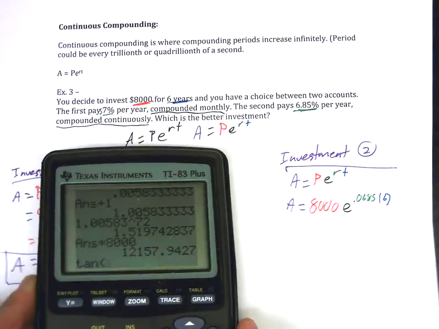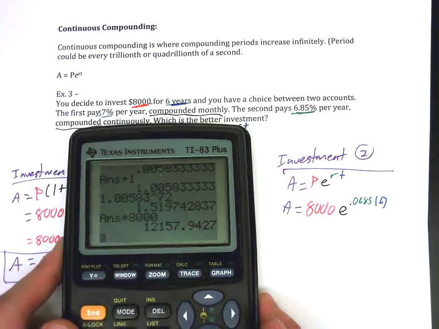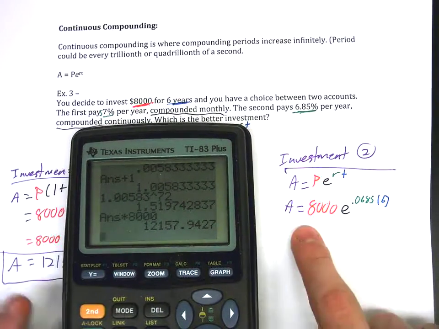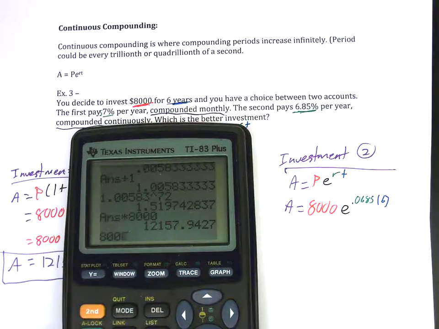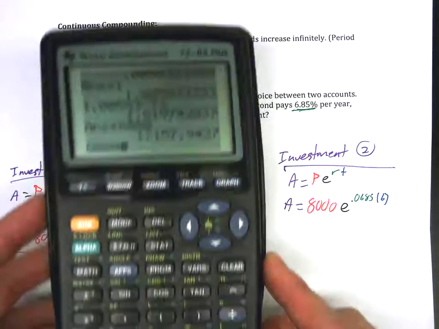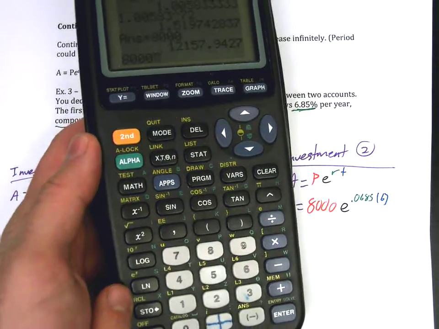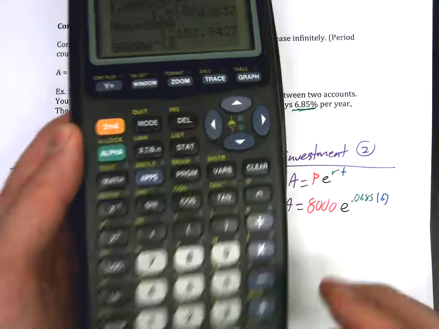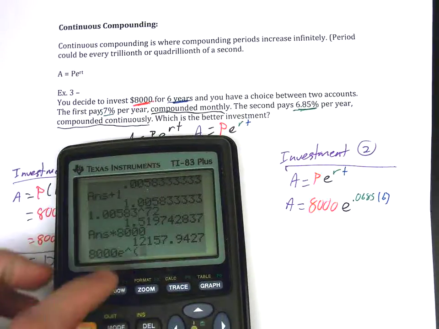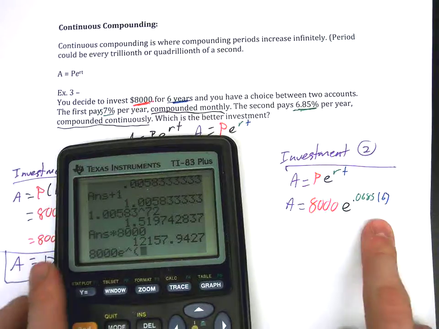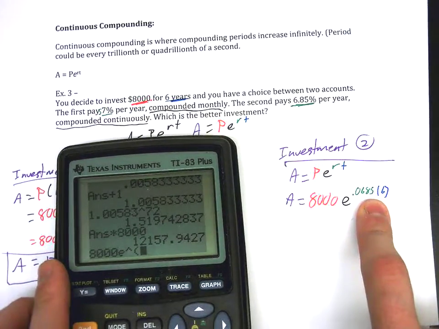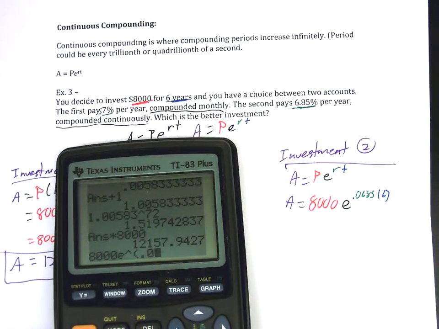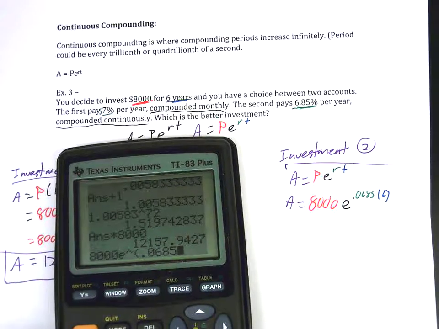Now, these are going to be mostly calculator work. So we're going to plug it in exactly like it is. I'm going to take that principal of 8,000. I'm going to hit second and that LN button because that's where e to the x is. And it's going to give me an e with a caret and then parentheses, and that's what this is going to go inside of. So it's going to be 0.0685, and then that's going to be multiplied by 6.